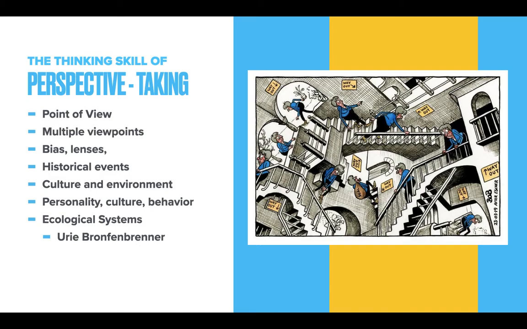It provides a really sequential lens through which you can look at different points of view of an artist and a society. So again, with perspective taking, you're sitting down and looking at how that work can be interpreted based on different viewpoints, different points of view.